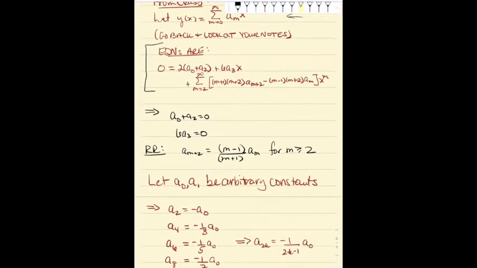So I get a couple of guiding equations here, here and here, and then my recurrence relation, which maybe I'll take the time to put a big old red box around. Why not? Because it's such an important thing.